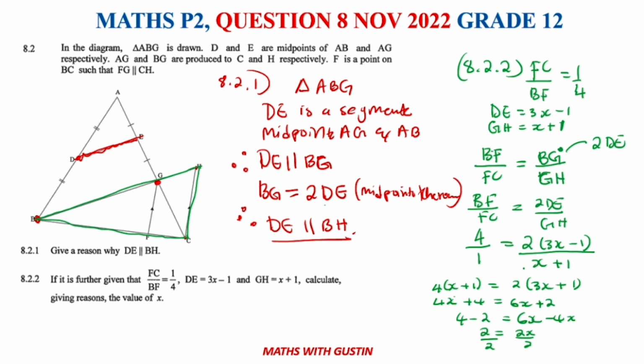Oh, okay, no, I made a mistake here. Let me see. This is a negative here, guys. Sorry about that. So when I multiply throughout, this will be negative 2, and that negative 2 when it comes to this side is going to be positive 2. Oh, what a terrible mistake.